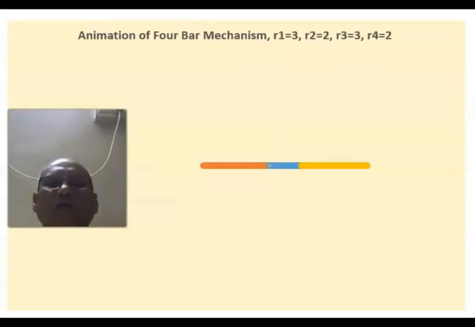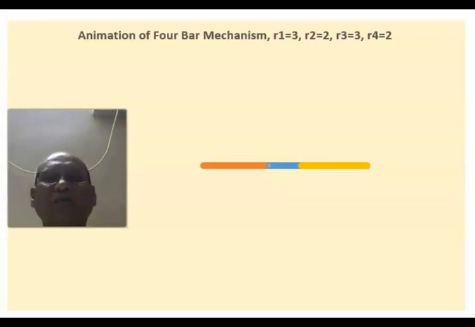So now I am presenting the modeling and animation of the 4-bar mechanism. Here we have a mechanism with R1 3 unit, R2 2 unit, R3 3 unit, R4 2 unit.